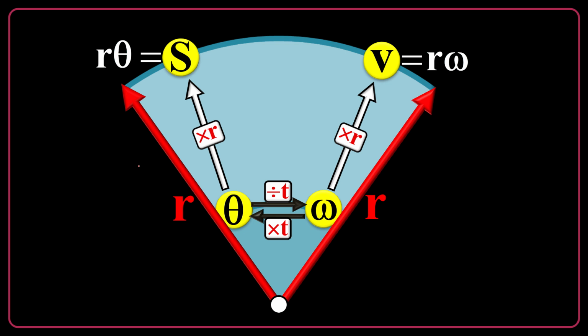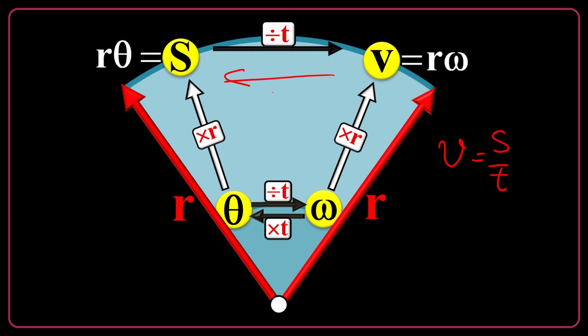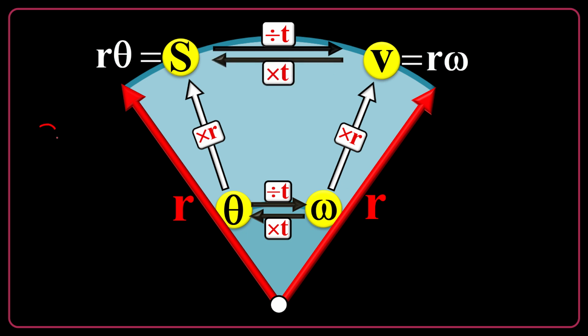Likewise, if you go from right to left, you should divide by time. You know that v is s divided by t. And if you go back, you should multiply by t because s is vt. It's a very simple map to summarize all we have learned so far.